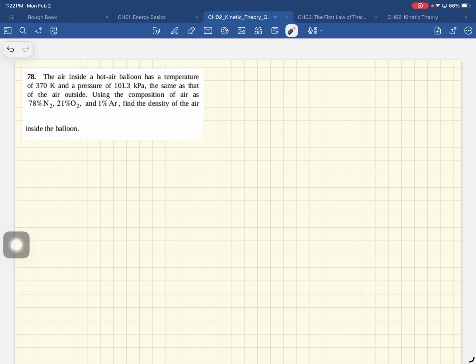This much volume of hot air has 33 moles of gas.